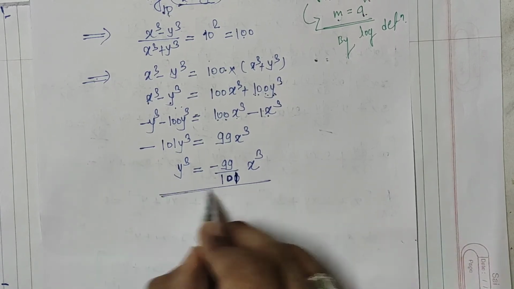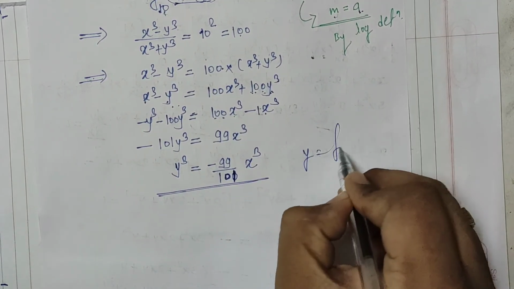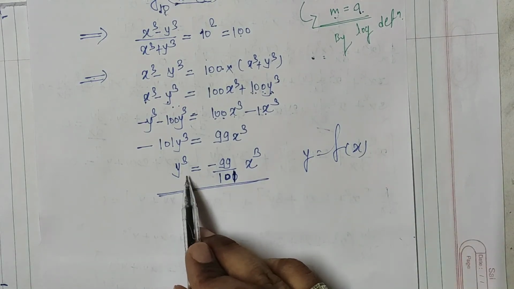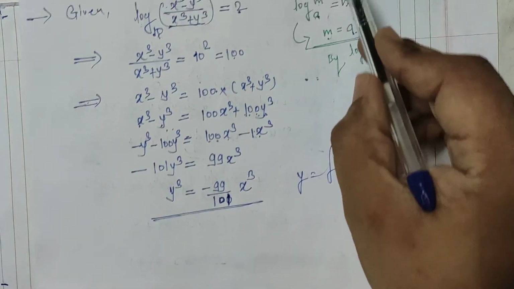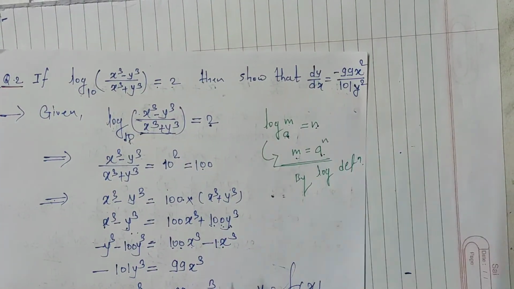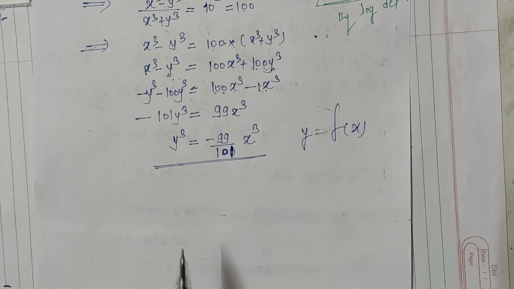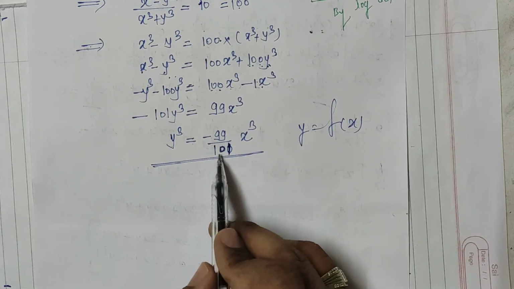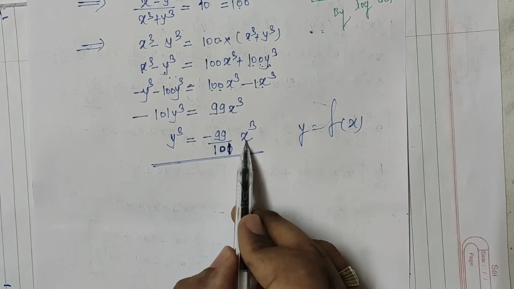So which form is this? Y is equal to f of x form. Therefore here we can differentiate. We want to find dy upon dx. Therefore our given equation is y cube is equal to minus 99 upon 101 into x cube.